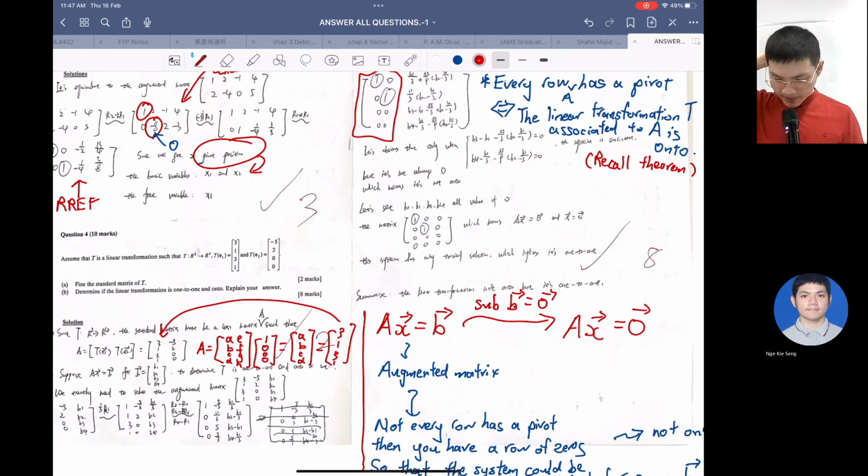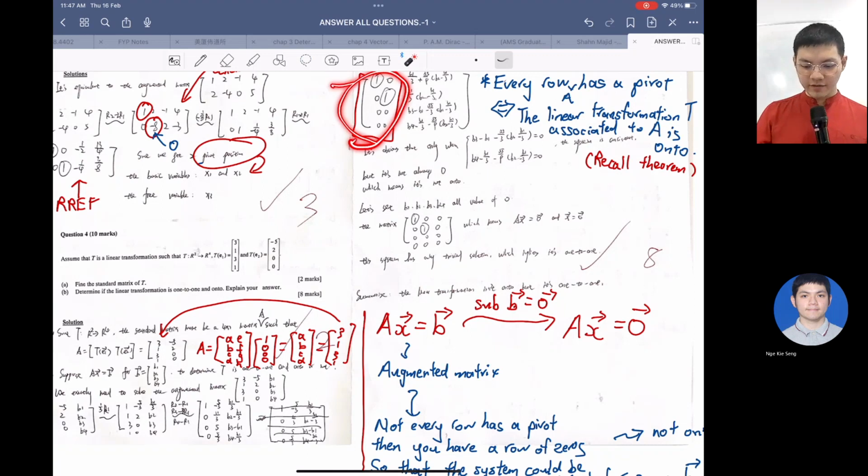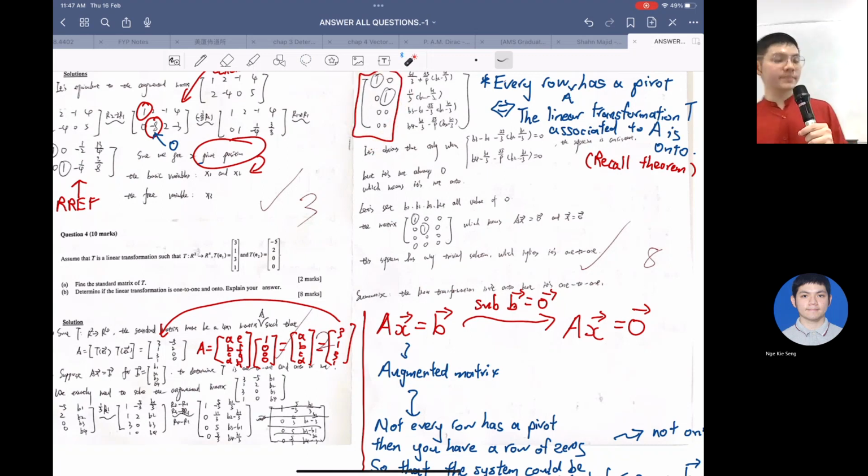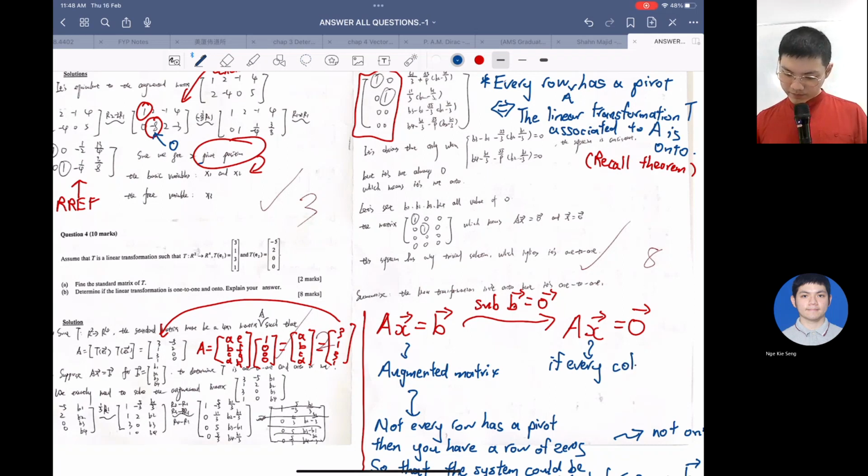Next. In this case, if you row reduce it, you can only find at most 2 pivots here. So you have a row of 0, and then you can make it inconsistent by picking different B. How about AX equals 0, the homogeneous one? You can check that for onto you check rows, for 1 to 1 you check columns.